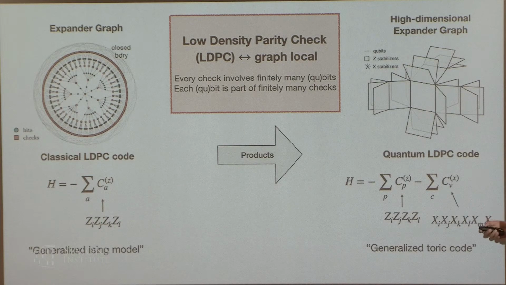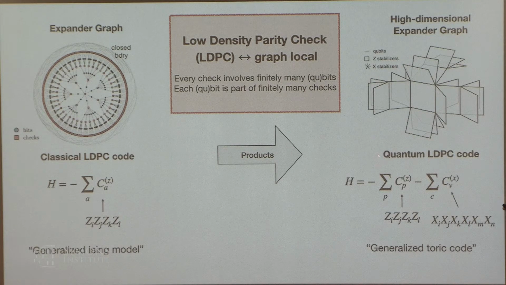You can take products of these classical codes to build up these high-dimensional expander graphs. This is a local view of this expander graph, thanks to Nico's excellent drawing skills, where you can see that you get lots of these kinds of book-like structures or pages, lots of local plaquettes that you've created by taking products of these.